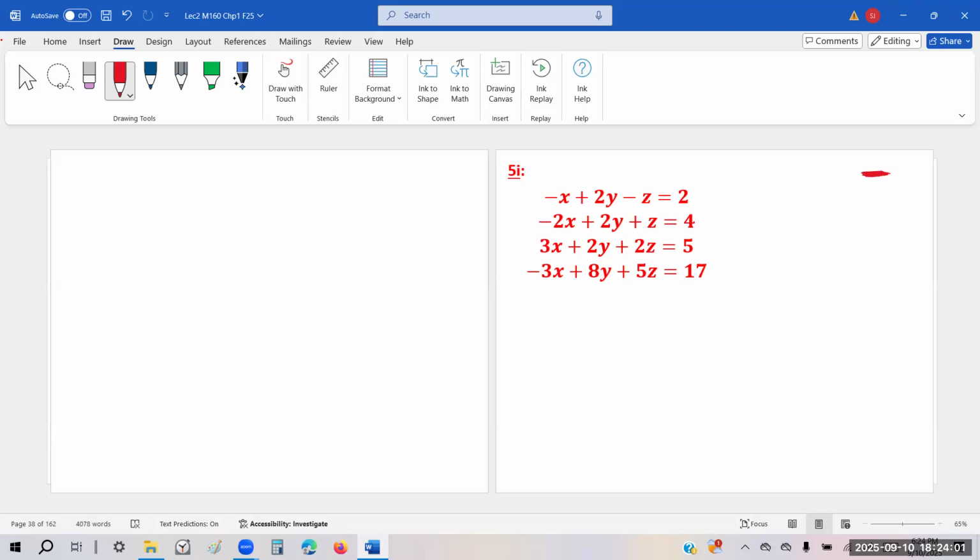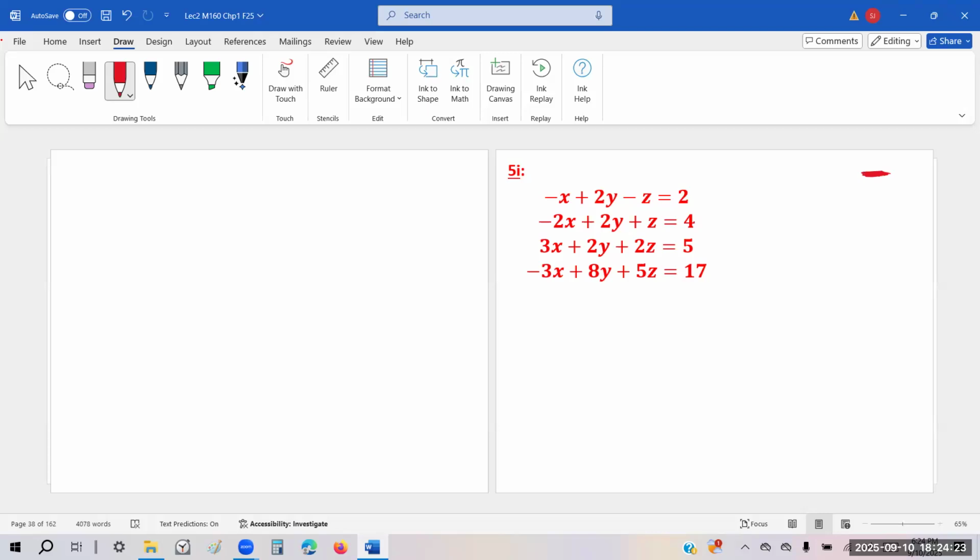So we can get help from this row to make this 0.